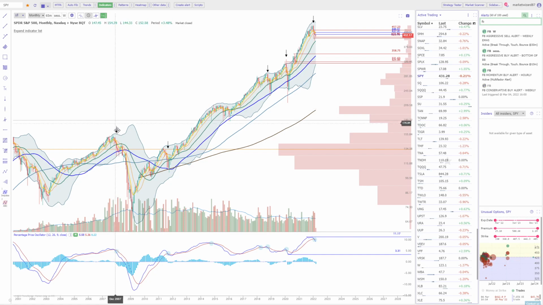So you see, SPY had already put in a massive correction. And by the time they retraced to the 20, which was your sell signal, right here, by the time they retraced to the 20, that is when energy topped. And then they all bottom at the same time in March of 2009.